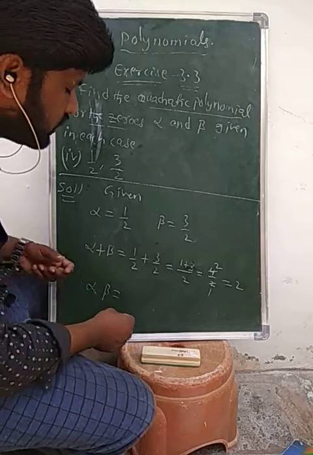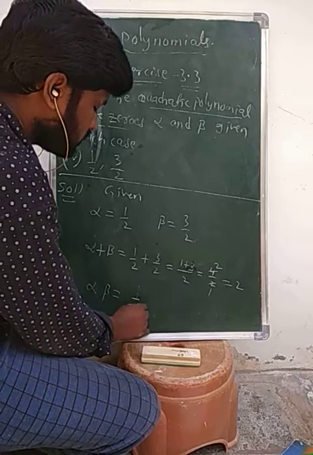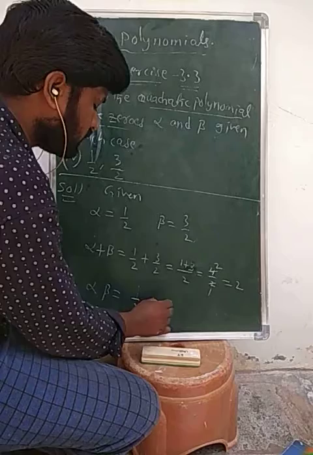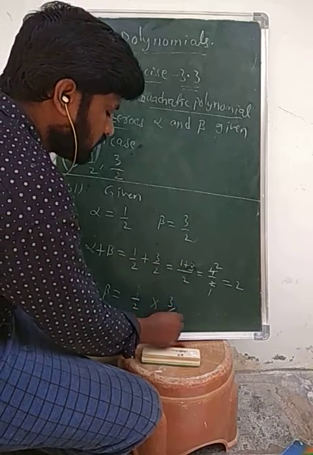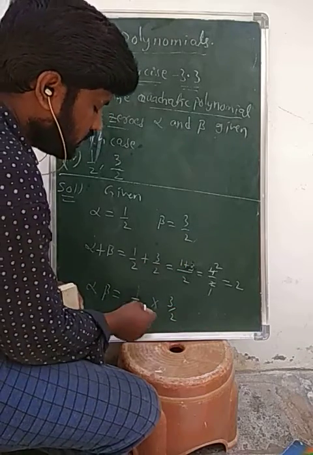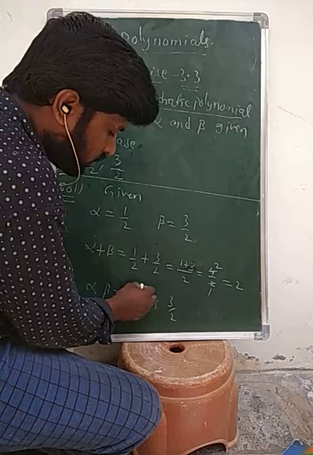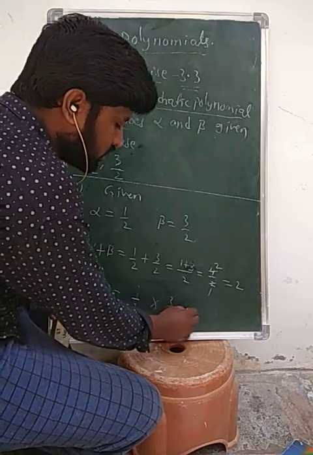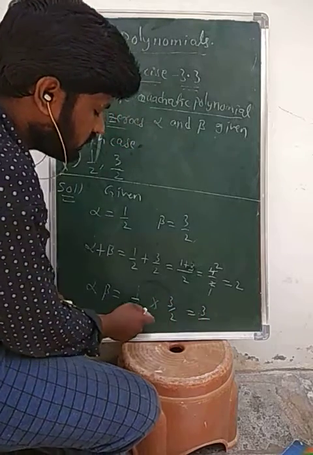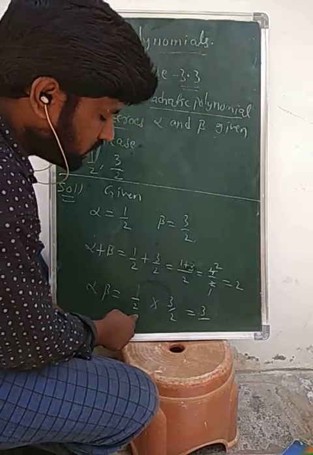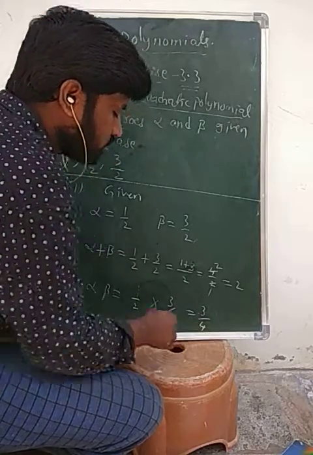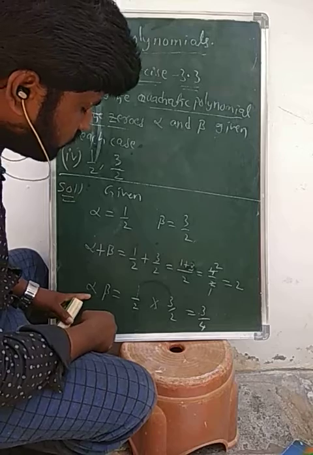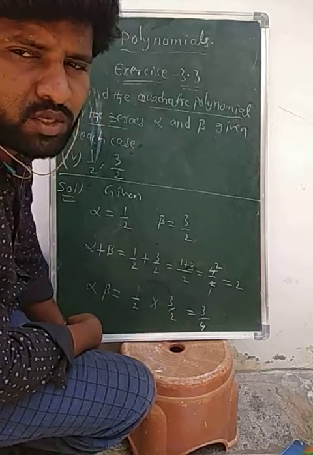Alpha into beta is 1 by 2 into 3 by 2. The product of the numerators 1 into 3 is 3, by the product of the denominators 2 into 2, that is 4. So the product of zeros is 3 by 4.